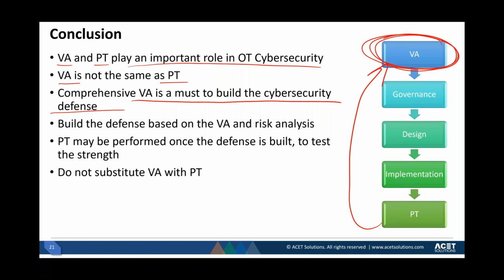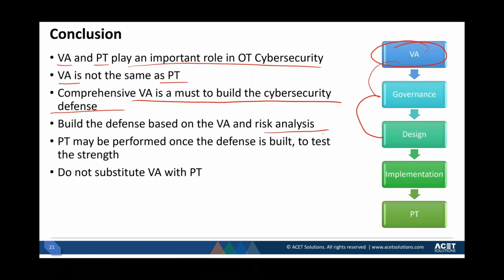Remember the house we talked about, or the umbrella. If you already know that there are vulnerabilities and there could be more vulnerabilities, why invite a pen tester when you know that they'll be able to just push the door and get in? So a comprehensive vulnerability assessment upfront, and then the governance and the design based on the assessment and the risk analysis is done.